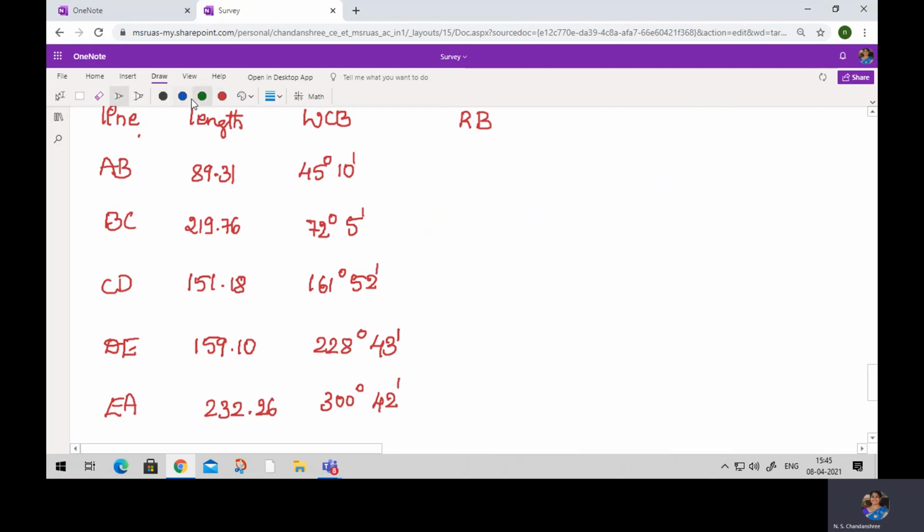So first step here is to find out the reduced bearing of these lines. Here we are converting from whole circle bearings to the quadrantal bearing. This line, 45 degrees 10 minutes, can be directly written as north 45 degrees 10 minutes east. For the next line, it is 72 degrees 5 minutes, again in the northeast quadrant, so north 72 degrees 5 minutes east.